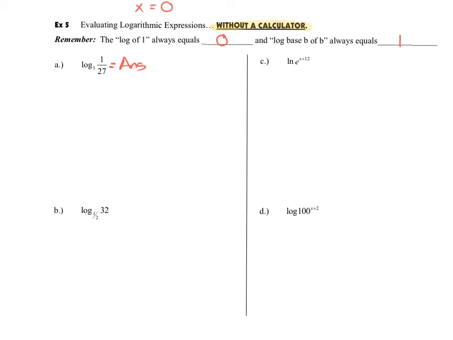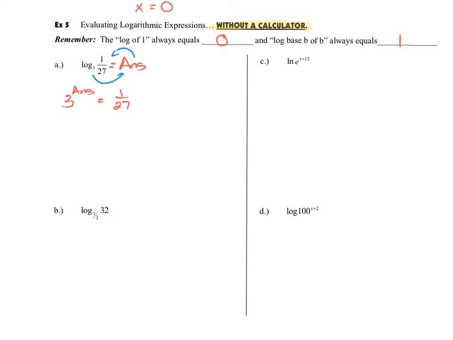Now let's convert to exponential form because we're already pretty comfortable with exponentials. So if we convert to our exponential, what we'll end up with is 3 to this exponent of what I'll call answer equals 1 over 27. Now, I'm going to take this right-hand side, get rid of this fraction, and rewrite this with a base of 3.